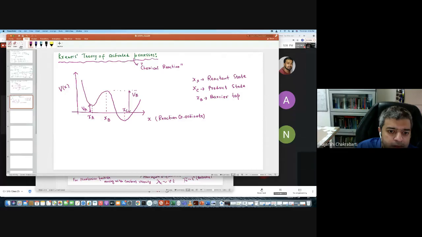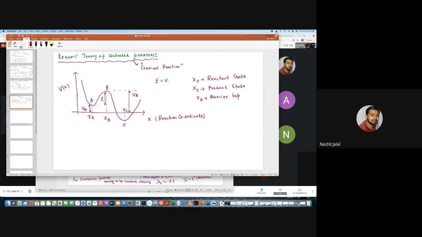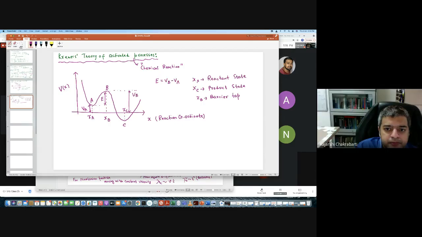Okay, this position is B, this position is A, this position is C. So it is obvious that this energy, if I call it E, then E is VB minus VA. And this is called the activation energy.